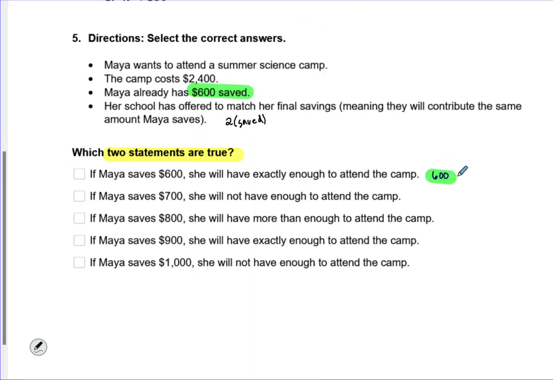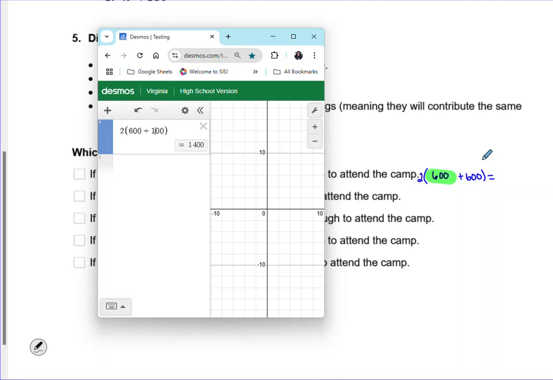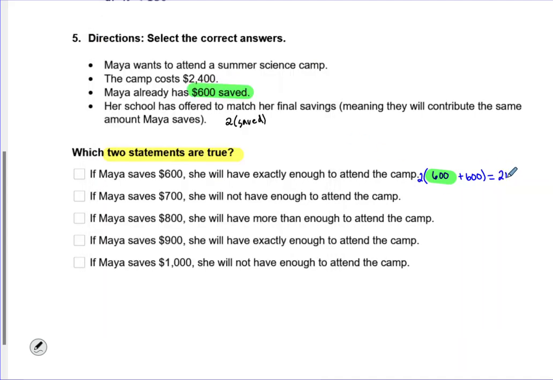And then if she adds another 600 to it, the school will double it. They'll multiply it by 2. So 600 plus 600 is 1200, and then they double it by 2, and so she will have 2400.